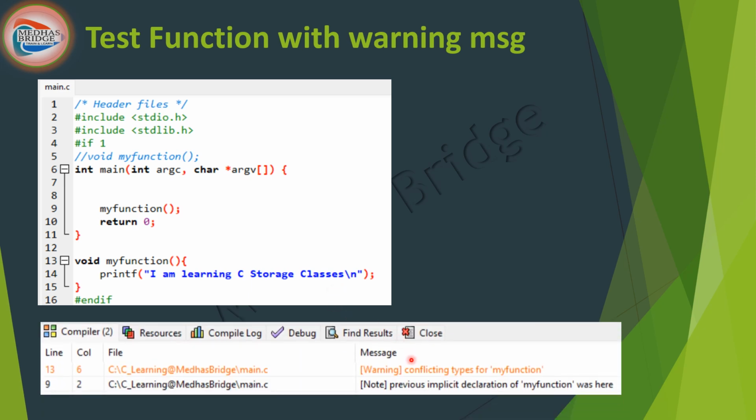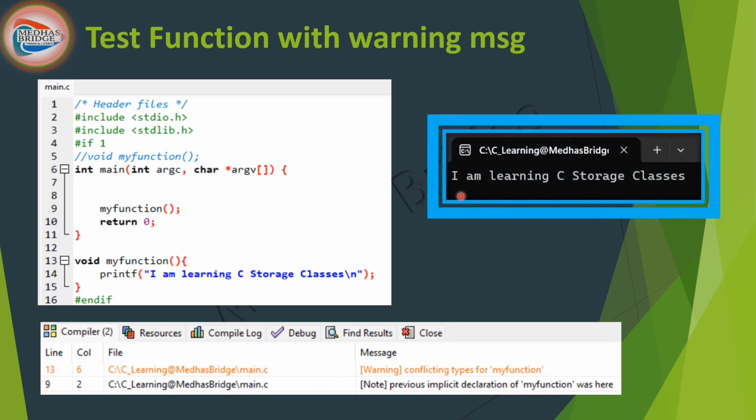What happens is that it throws an error stating that there is a conflicting type of my function. It is just a warning, however, and it produced an output. You could see the output, obviously. But the reason is that a good practice is always to try not to leave the warning messages.